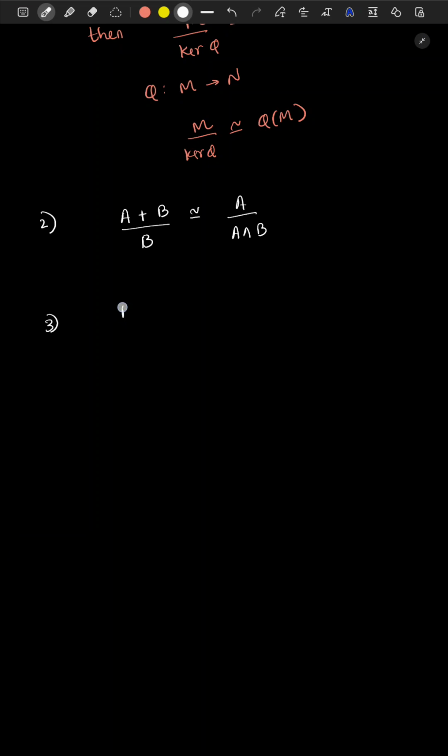So suppose you took M by N and N by K, then this is isomorphic to M by K.